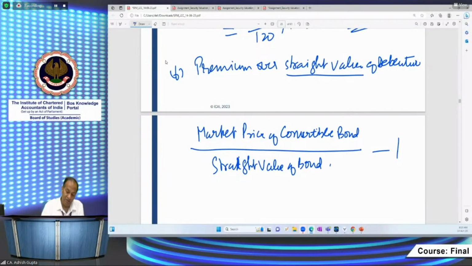Please note, straight value means if you cannot get it converted, then what will be the justified price of the same bond. So this is called straight value.